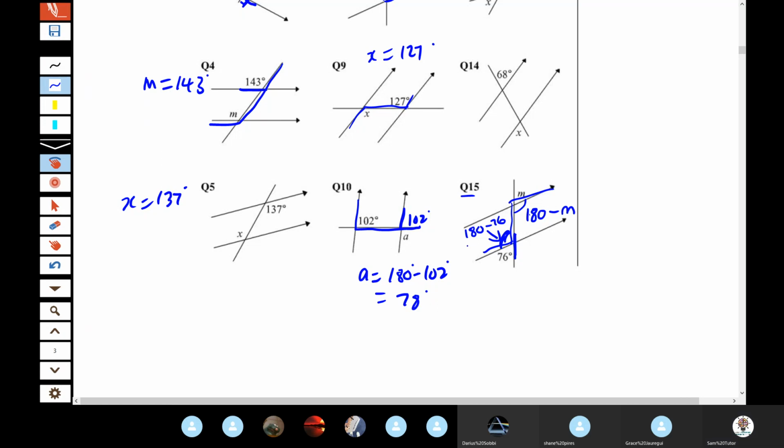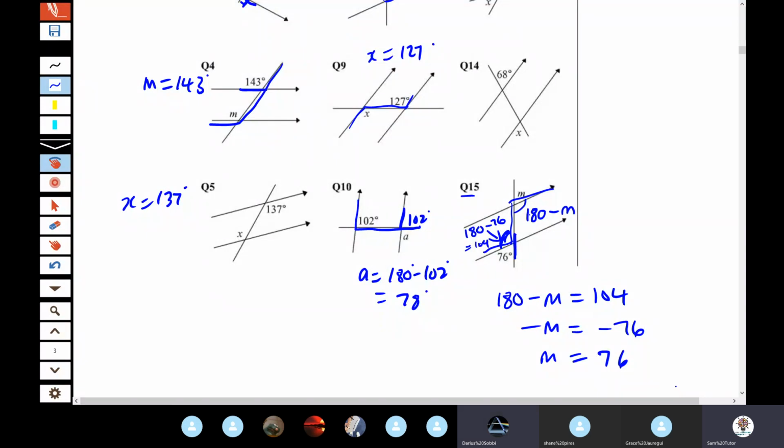So that equals 104. Now these two are equal to each other. So 180 take away M equals 104. And that's just an equation that hopefully we're okay with. Take away 104, take away 180. See, it worked. As long as you're good at equations and you know straight lines, no geometry question should fail you as long as you know how to use your straight lines very well and you're good at your equations.